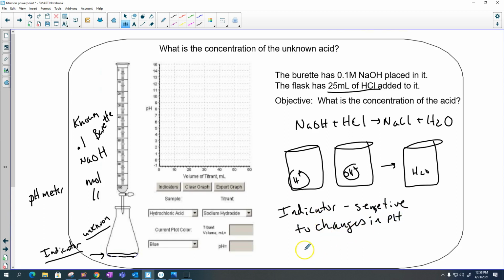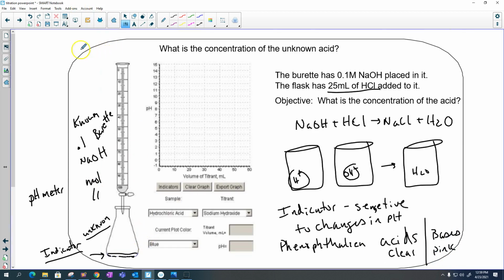The most common one that we would use is called phenolphthalein. Phenolphthalein happens to be clear in acids, but in bases it's pink.